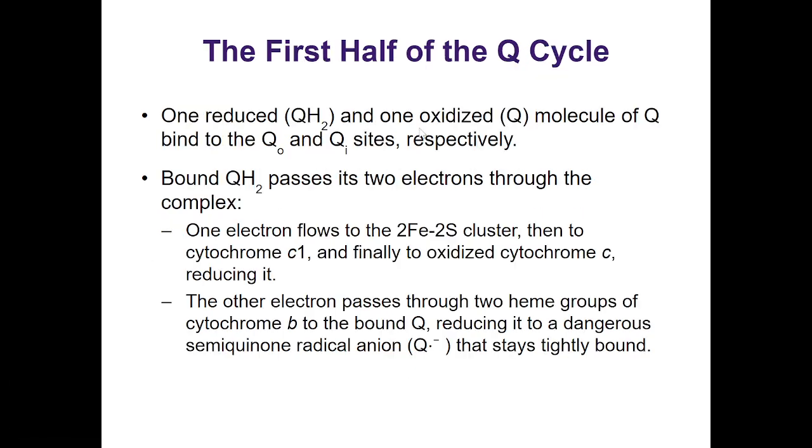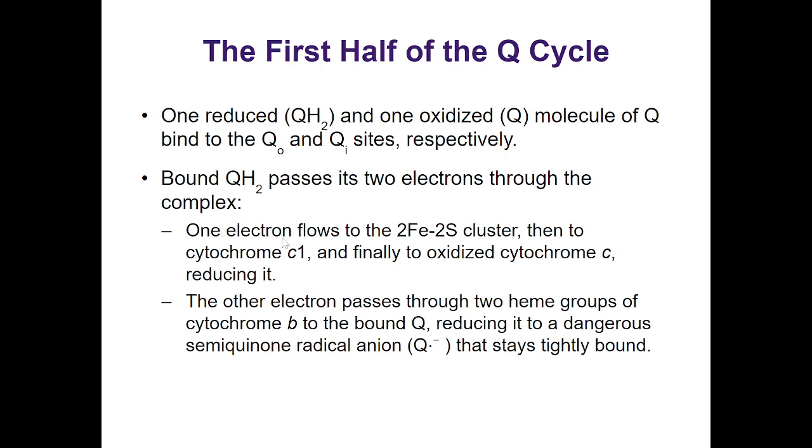Okay, so one reduced QH2 and one oxidized molecule of Q are going to bind to the QO and the QI sites, respectively. The bound QH2 is going to pass its 2 electrons through the complex.